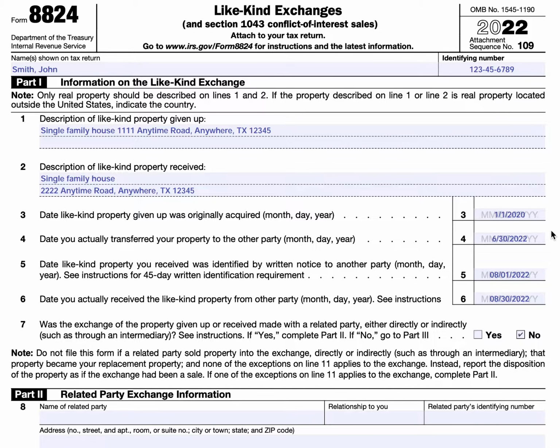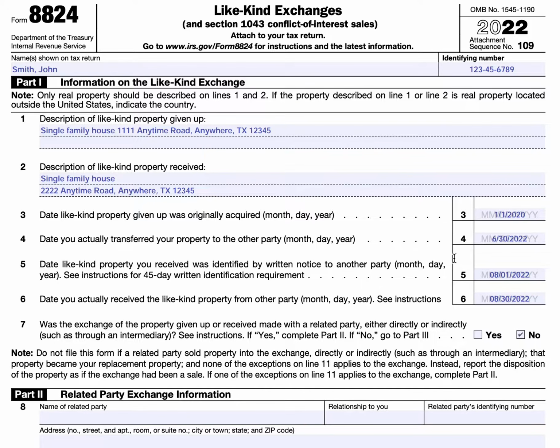So when did we acquire the original property? I just put in that we acquired it January 1st of 2020, and then we transferred that property to the other party on June 30th, 2022.